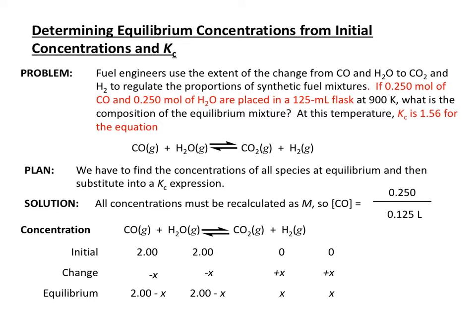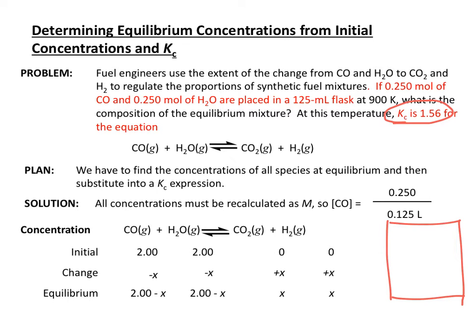So we have carbon monoxide plus water producing carbon dioxide plus hydrogen. The key thing here is they give us the equilibrium constant, and they're giving us the initial concentrations that are going into the flask.